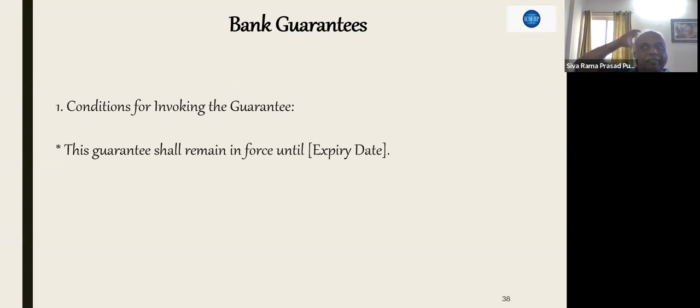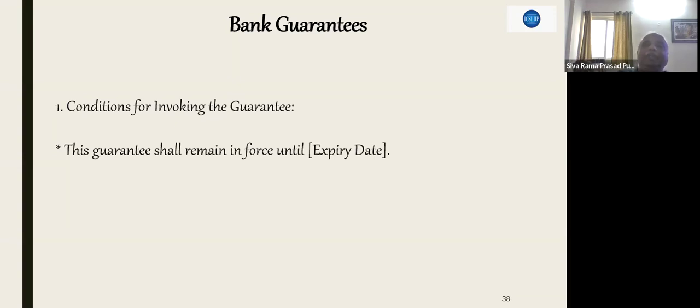Suppose the bank timings are 10:30 to 5:30. If a claim is received at 5:25 or 5:30, I have to honor that one. After that, no. But sometimes the claim lodging period is also mentioned as after expiry, 1 week or 3 days.